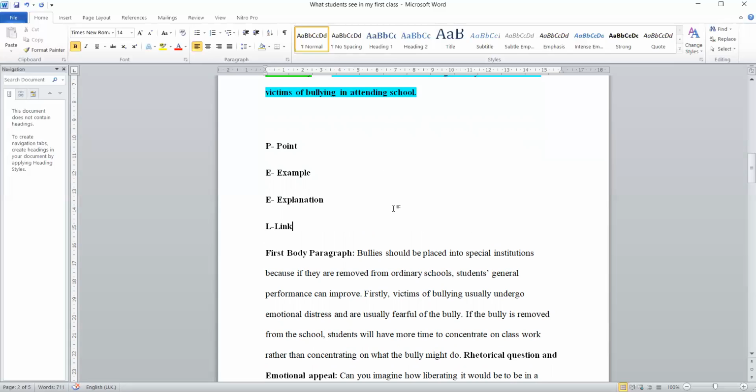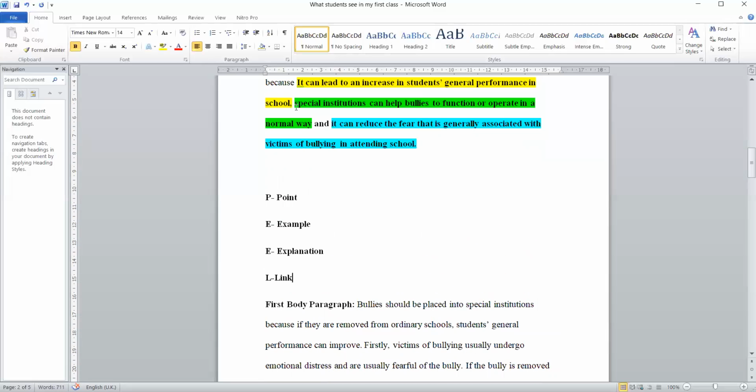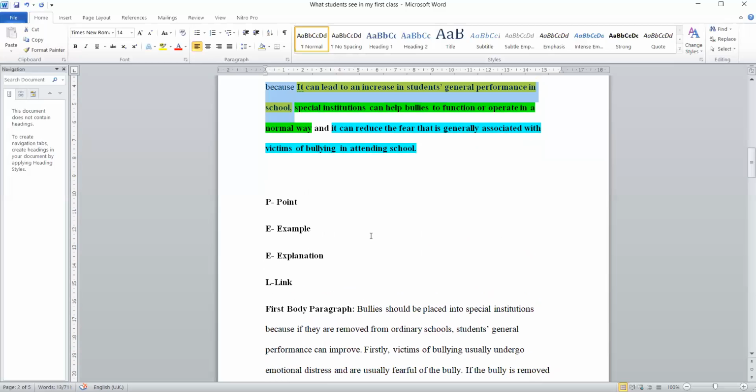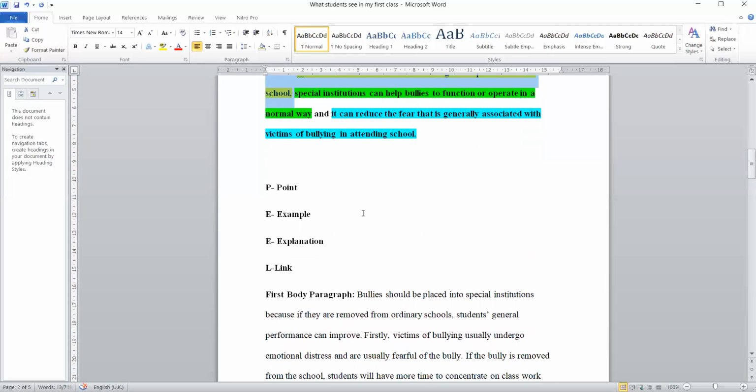So when I say point, the point from the PEEL would be your first point, which you take from the thesis statement. All you would need to do is just reword this point and make it your topic sentence.